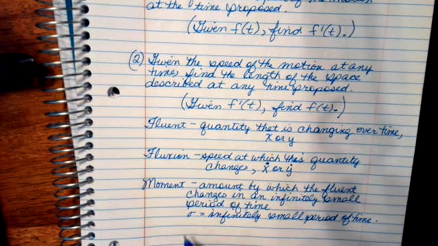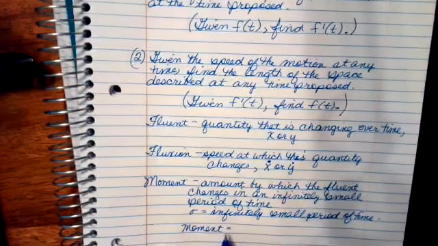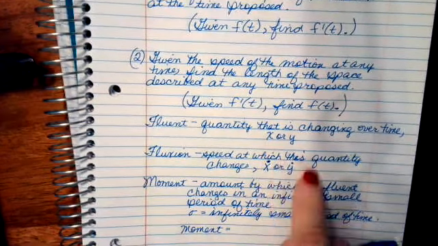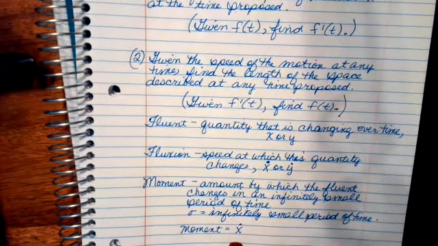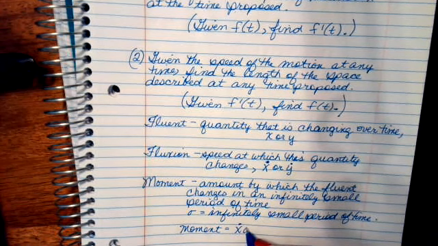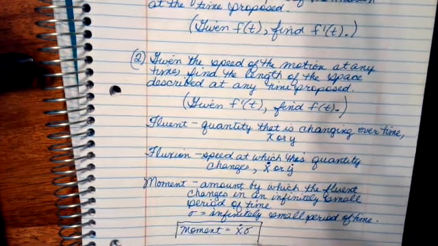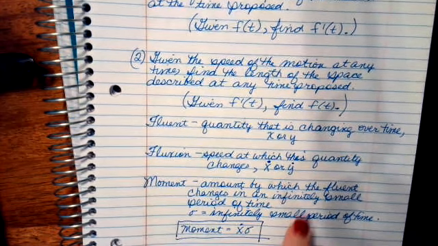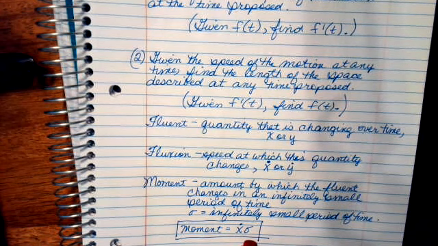So the distance, which is the moment, is equal to the rate, which I'm going to represent with x dot. That's how fast it's changing, times the length of time we're talking about, and that's sigma. So the moment, that amount by which it changes in that infinitely small period of time, is x dot times sigma.